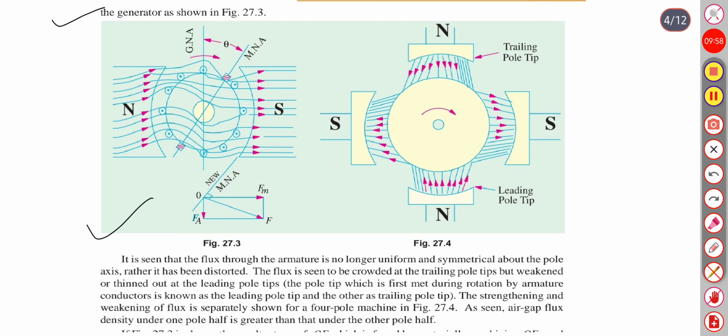So in this figure, this is OFM, this is OFA, and this is the resultant OF.